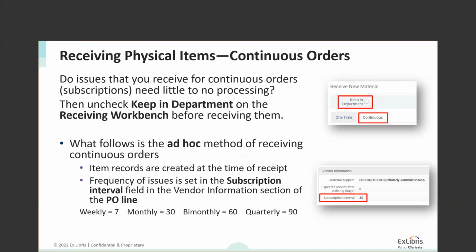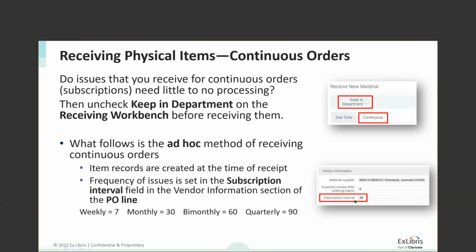When you order a continuous resource, Alma, when it creates the inventory, it only creates the holding record. It does not create the item record. The item record gets created at the time of receipt. And then the frequency of the issues is set back on the PO line in the vendor information field at that subscription interval.